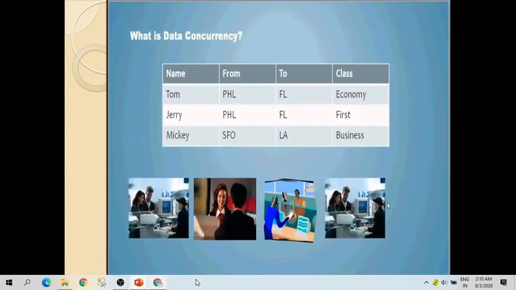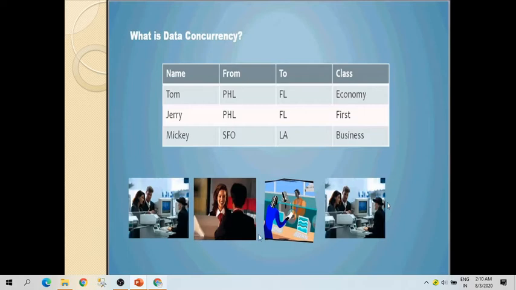Look at this. For example, if we are in an airport, a person's Tom, Jerry and Mickey are trying to take flights from Philadelphia to Florida, and San Francisco to Los Angeles. One person is in economy class, one in first class, and one in business class, and these people are getting checked with their passports and tickets at a time in different counters.